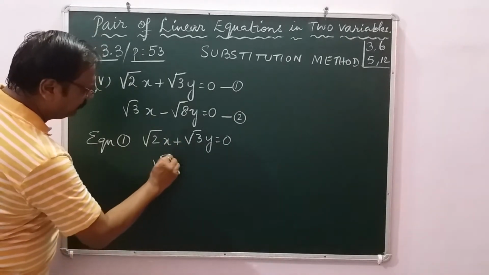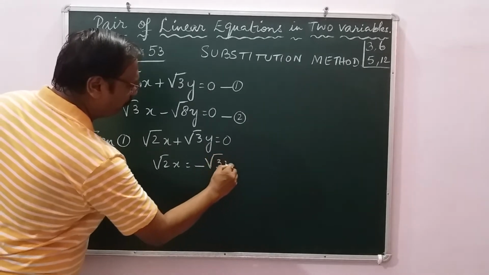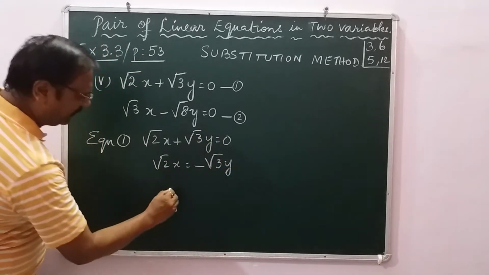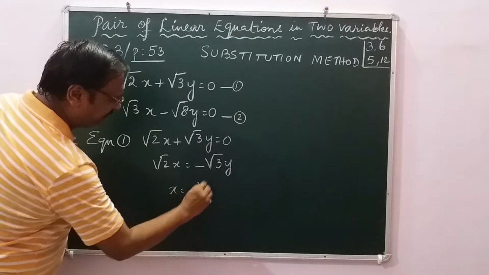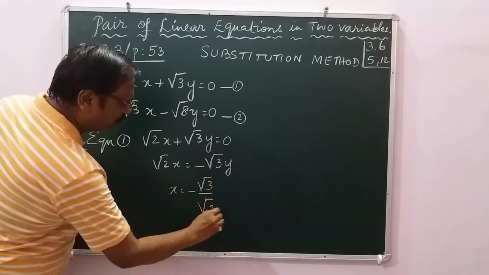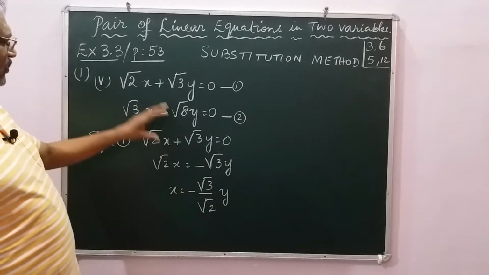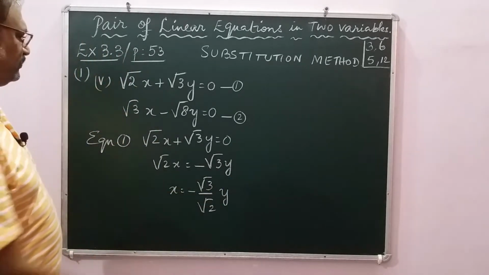So, I can say root 2x is equal to minus root 3y, or x is equal to minus root 3 divided by root 2 of y. So, I got an x value which I have to substitute in the next equation.